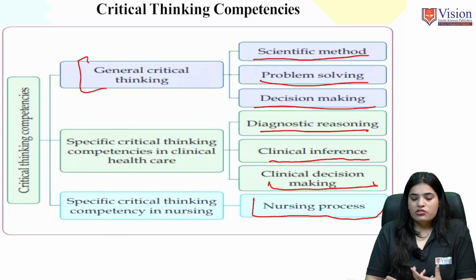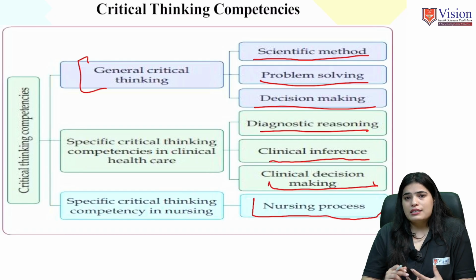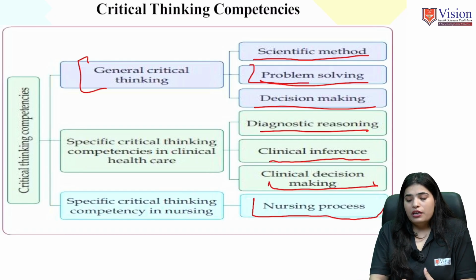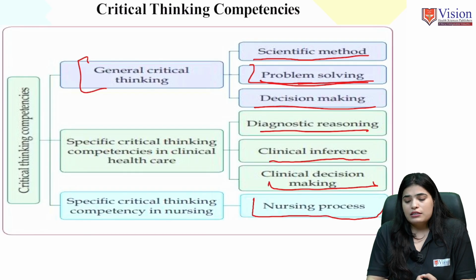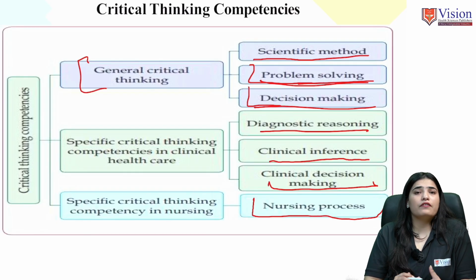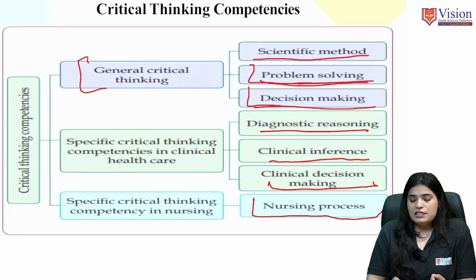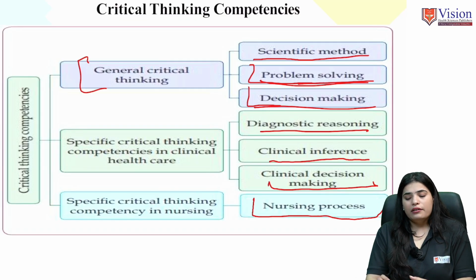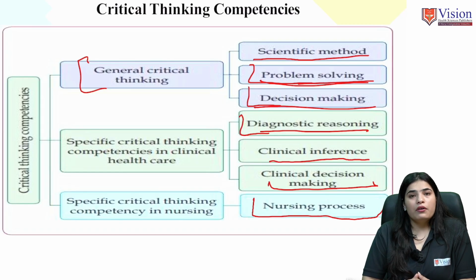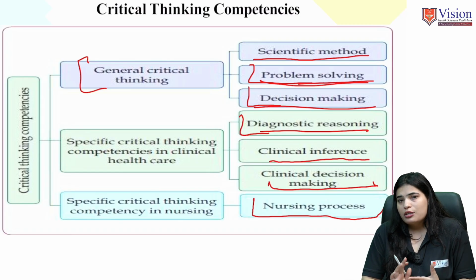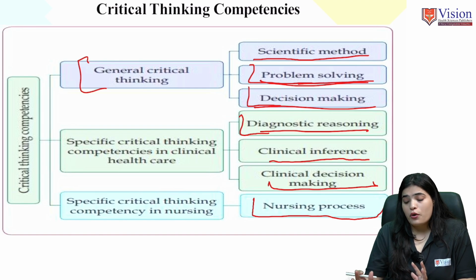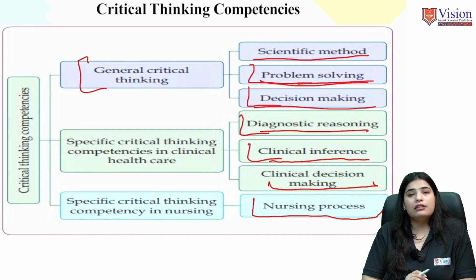So in general critical thinking, we are using scientific methods, we are assessing the problem, and after assessing the problem, we are making a decision and we are selecting some choices for the patient. And in specific critical thinking, first of all there is diagnostic reasoning. We are trying to find out what is the problem and what is the cause of the problem. And after that, clinical inferences.